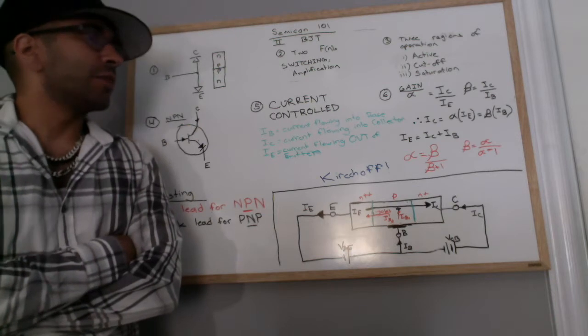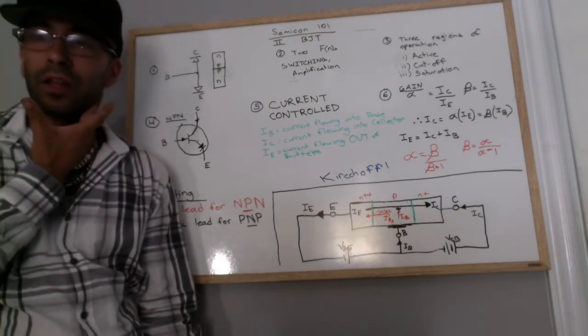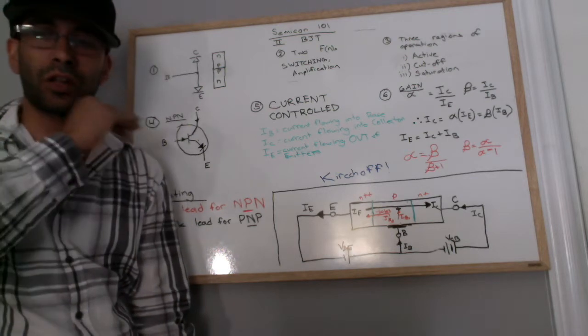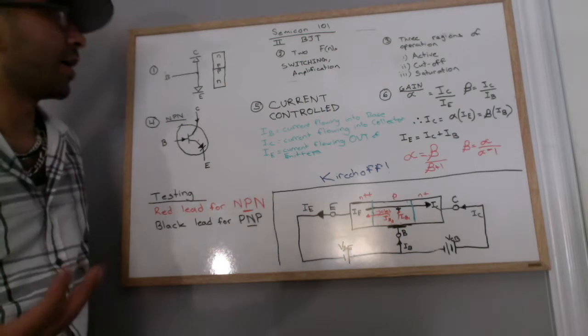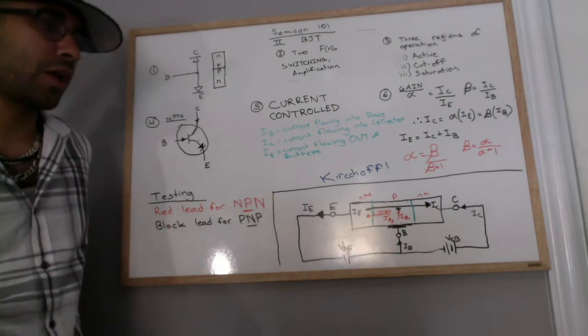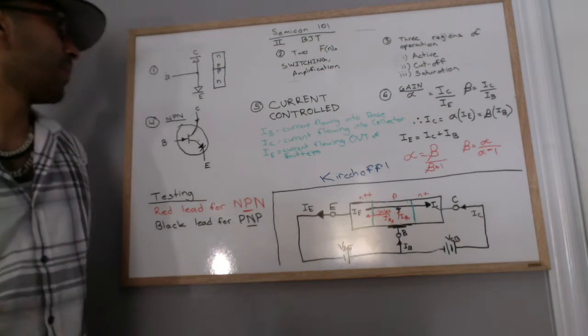The active region is where it performs normally. The cutoff region is essentially where there is such low current to the base that you receive nothing out, and saturation is when it is maximum cranked.